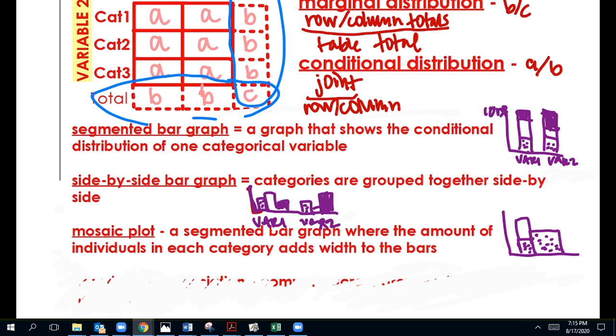Then we have this little guy and this little guy, and then we have these. So I add width, and I still have my two variables. Not variable one, variable two. It should be category one, category two. Sorry about that.